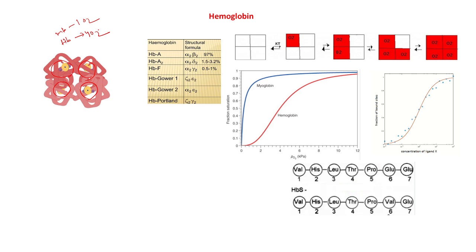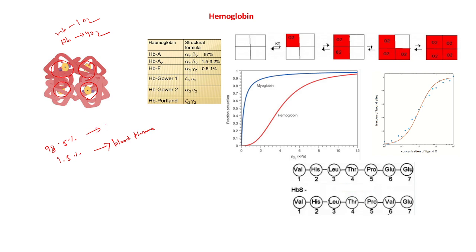Normally, 98.5% of oxygen binds to hemoglobin, and 1.5% of oxygen is dissolved in the blood plasma.